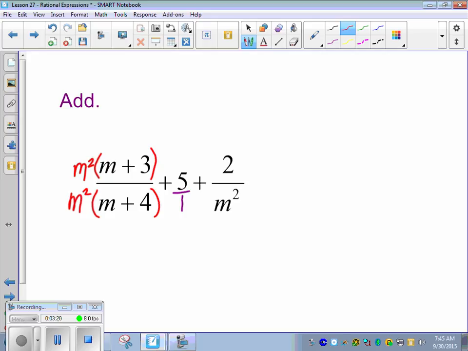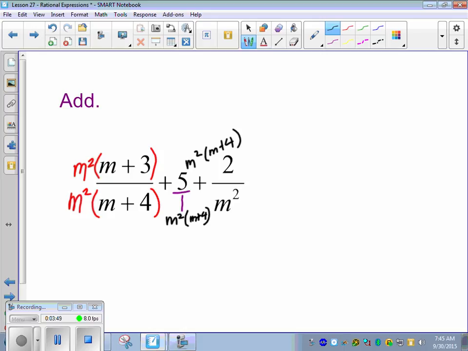And the middle fraction is actually missing everything. The middle fraction only has a 1, so we need the m squared and we need the m plus 4. In the middle, I'm going to write as small as possible because there's not a lot of room: m squared, m plus 4, and then on the top, m squared, m plus 4. You do need to show common denominators, what you're multiplying everything by on these problems.